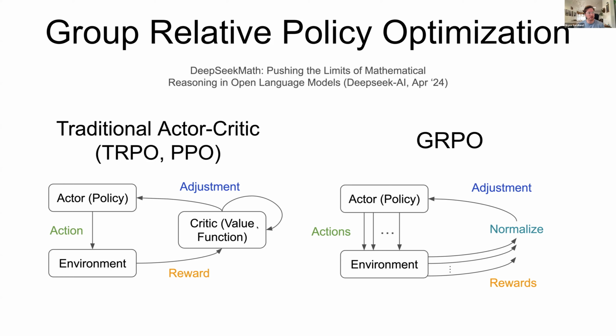And instead, what we're going to do is take multiple samples from our language model and then do a very basic mathematical normalization of the rewards. Basically, everything above the mean, we reinforce. Everything below the mean, we try to steer away from.